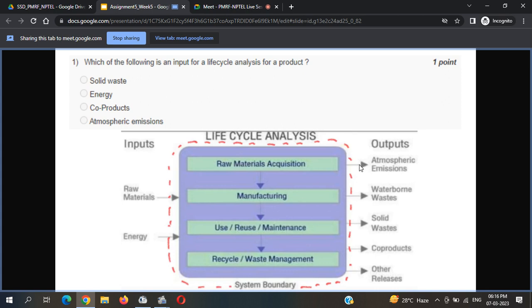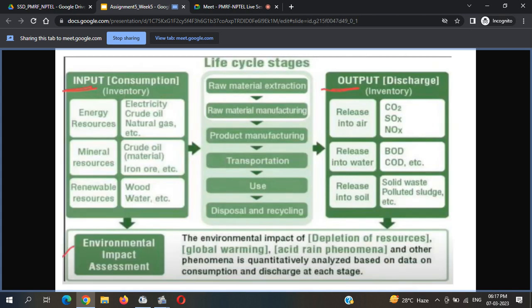As an output from the life cycle of any product, you get other co-products also. Not true for all the products, but in some cases you may get co-products, and then some other releases also might be possible. So this is what the life cycle system of any product is like.